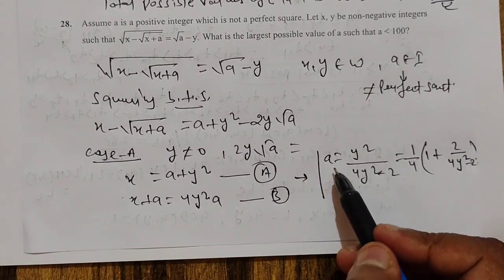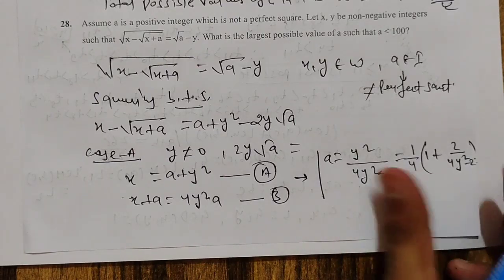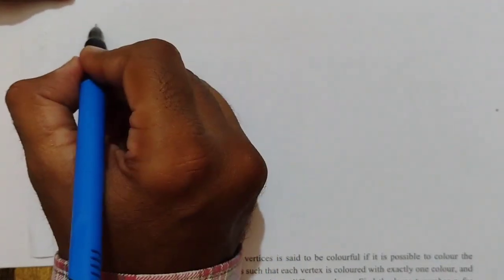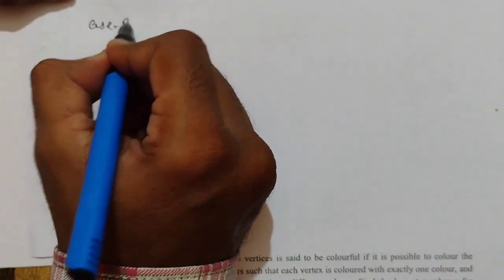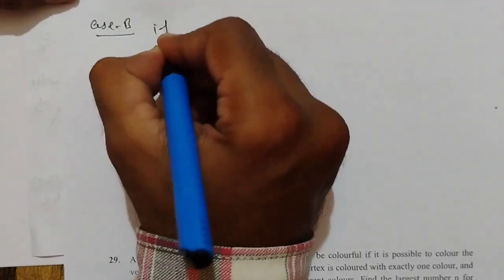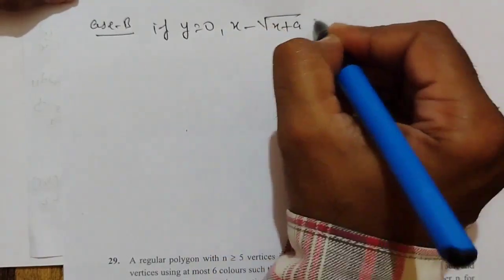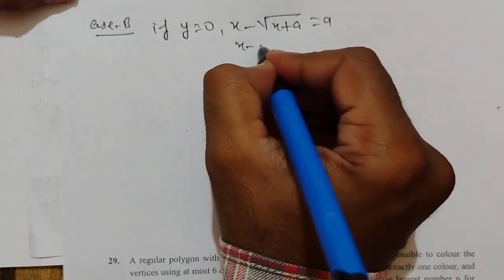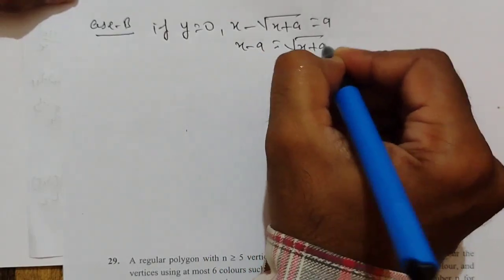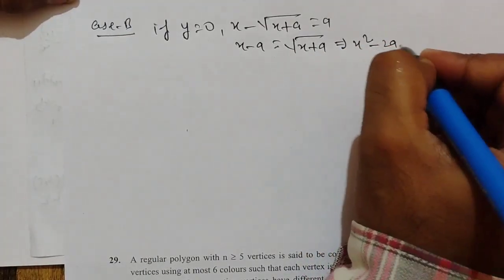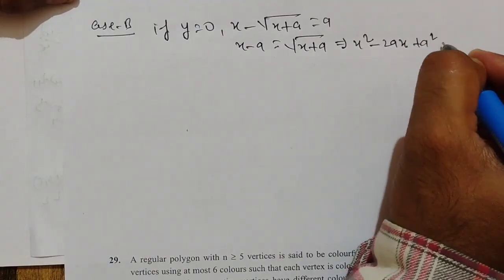So the case 2 here, case b, if y is equal to 0, we have x minus a square root of x plus a is equal to a, and x minus a is equal to a square root of x plus a, and this will imply x square minus 2ax plus a square is equal to x plus a.